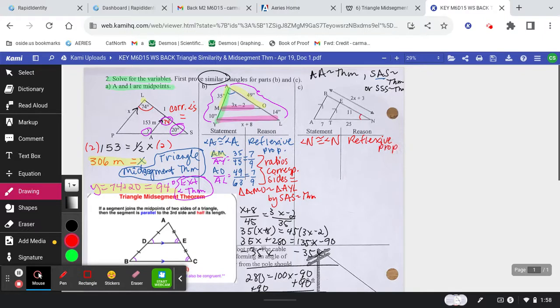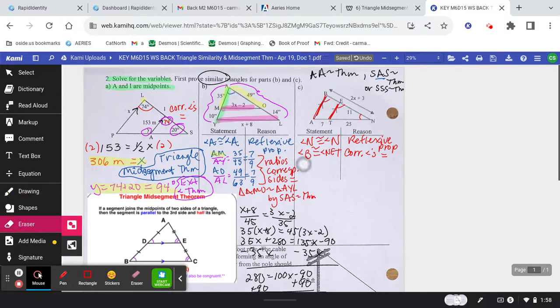Now, since it has parallel lines right here, we know these are equal. Angle B is congruent to angle NET by corresponding angles are equal. And so I have enough for triangle similarity, 2 angles. AA similarity theorem is enough.